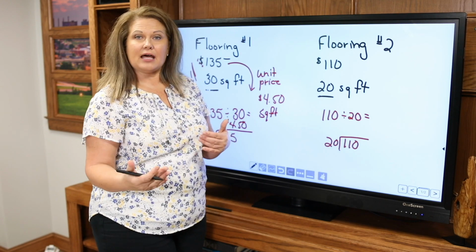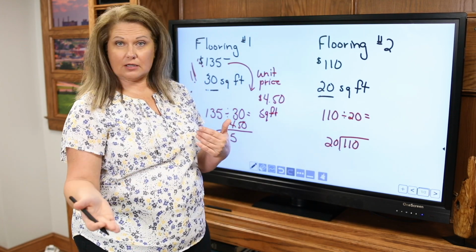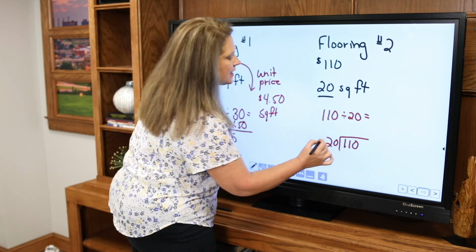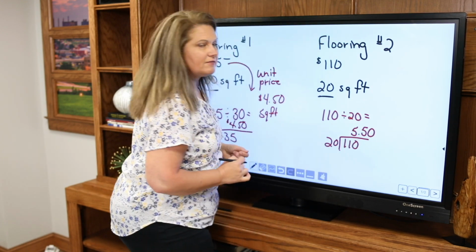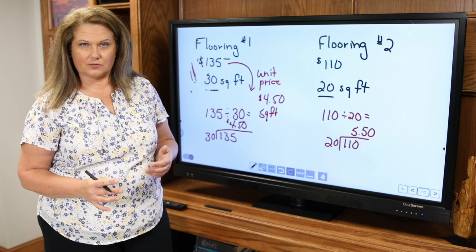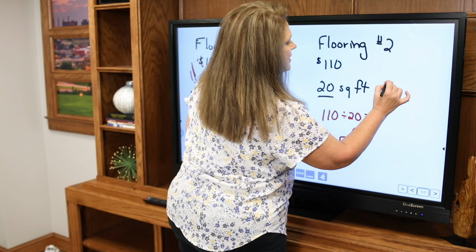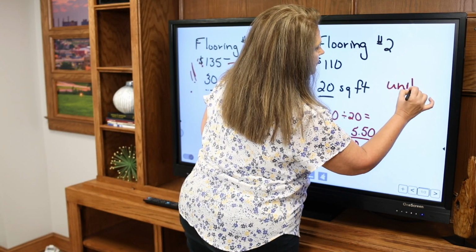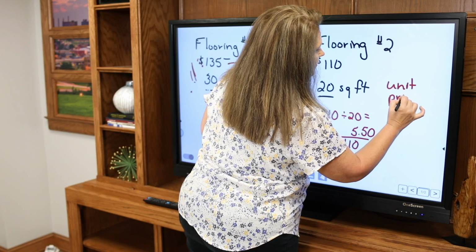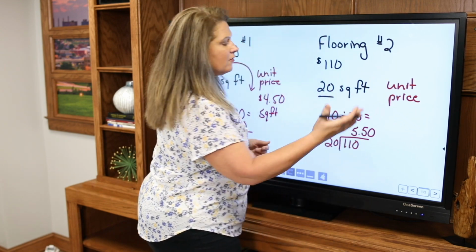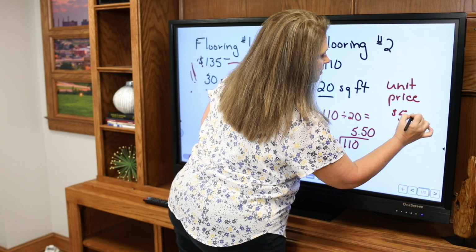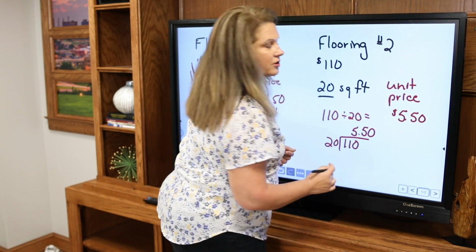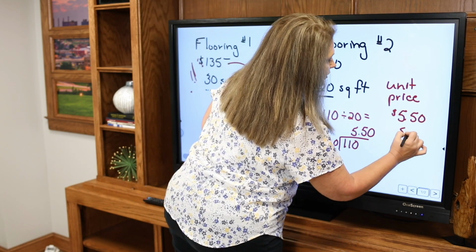I've already done the math for you. You can check me using a calculator if you want. But it's $5.50 per square foot. Okay? So we can say the unit price of flooring number 2 is $5.50 per square foot.